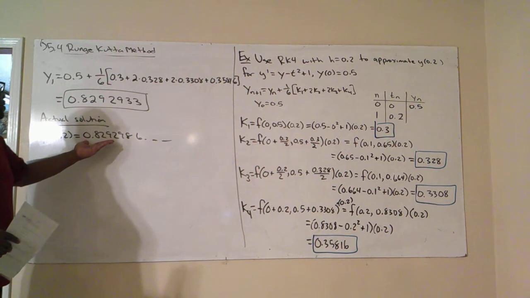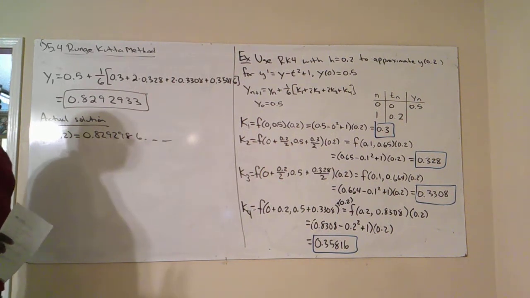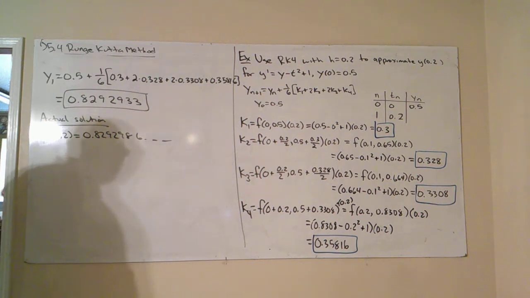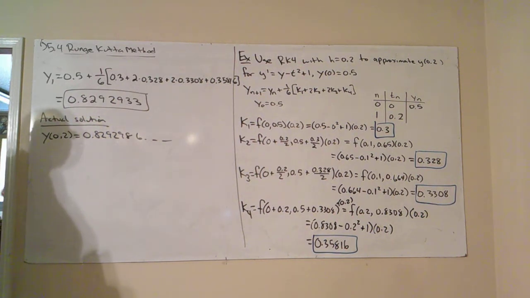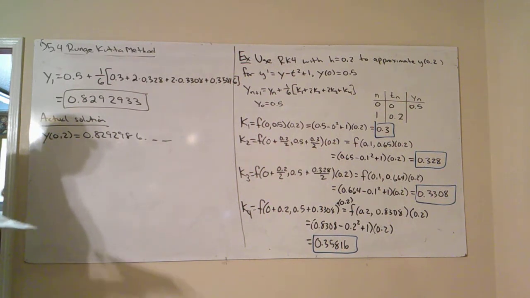That means you would have to do essentially 200 function evaluations to get to 0.2 and get this amount of accuracy in your approximation. Anyway, hopefully that makes a little bit of sense why Runge-Kutta method is far superior. Although you are doing a lot more function evaluations per step, in general, you don't have to use as small an h value, which makes it a superior method to use.